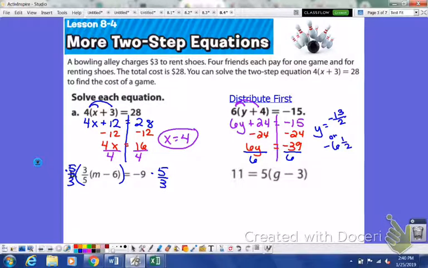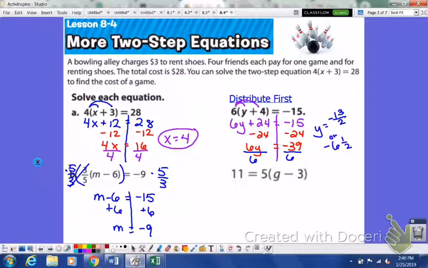So 5/3 times 3/5, that's 1, left with m minus 6 equals negative 9 times 5/3 gives us a negative 15. Now we just have one step. Add 6, and we get m equals negative 9.